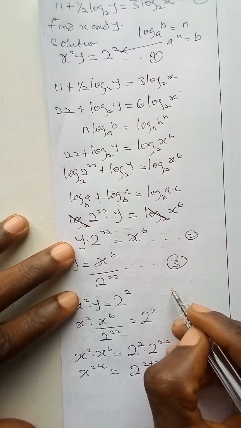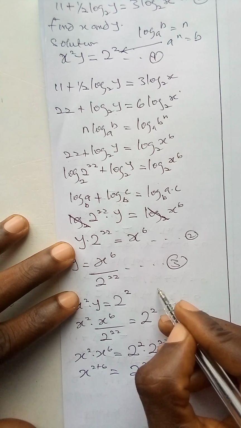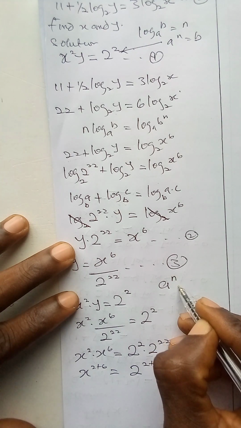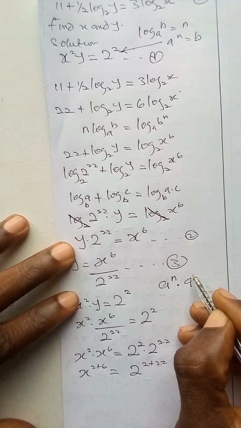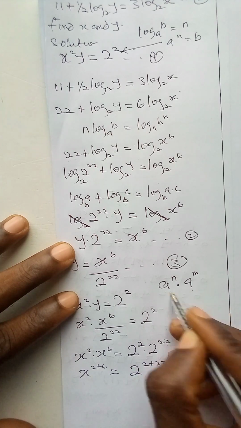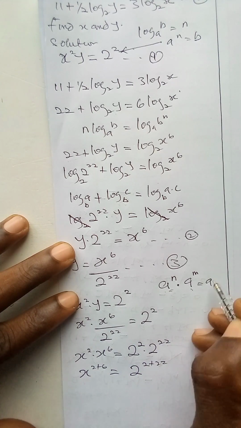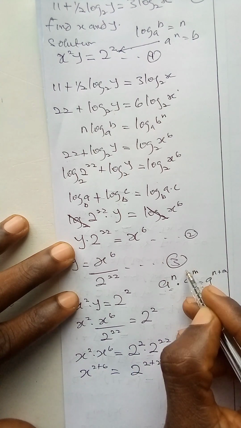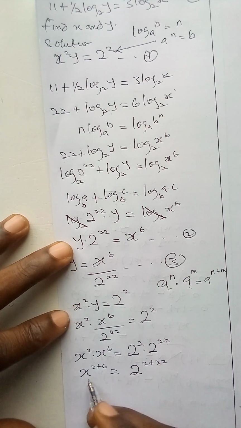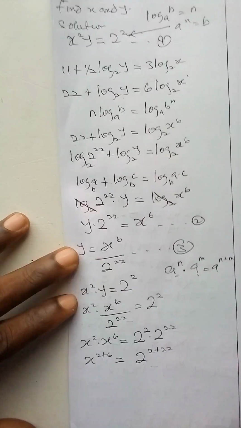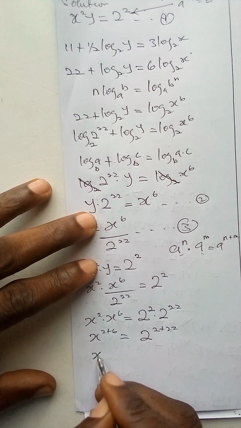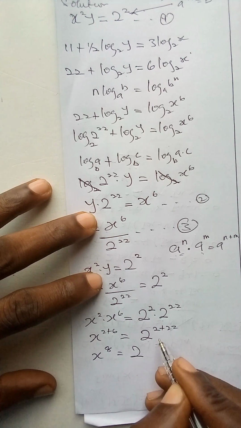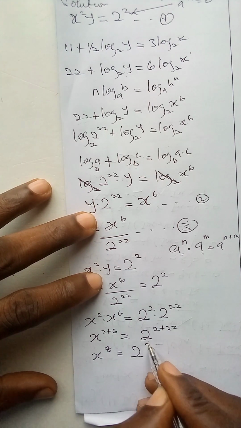That addition law of indices simply tells us if I have a number a to power n and another a to power m, since the bases are the same, I will simply add the powers together. So this law is applied on both sides of this equation. Now, x to power 2 plus 6 is 8, equal to 2 to power 2 plus 22, which is 24.